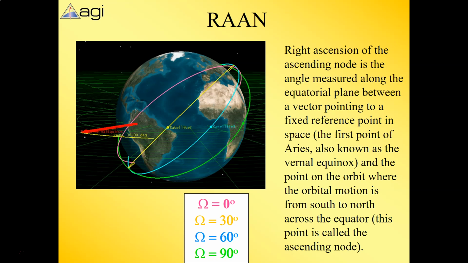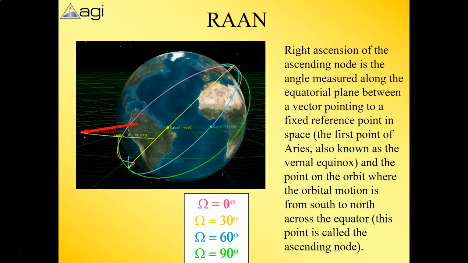That is, traveling from the southern hemisphere into the northern hemisphere. 180 degrees from the ascending node, the satellite has a descending node. And a node is just a point, right? So where it's crossing the equatorial plane, because it's this elliptical orbit, 180 degrees over, is where it's crossing the equatorial plane again.